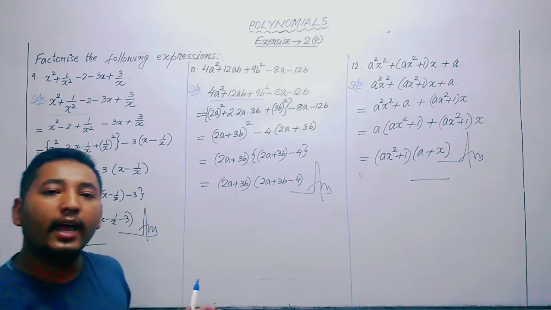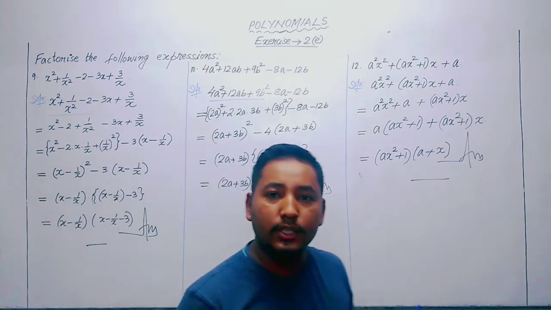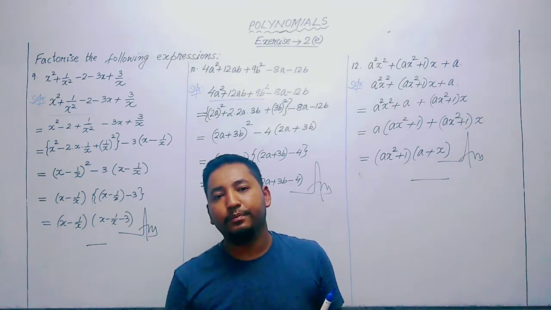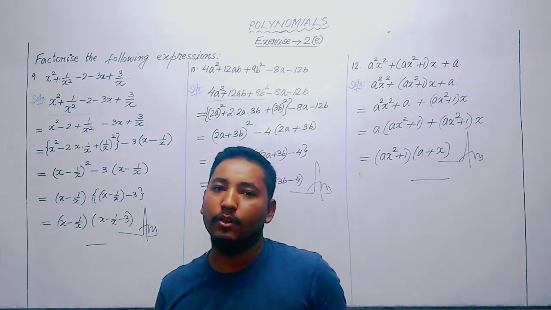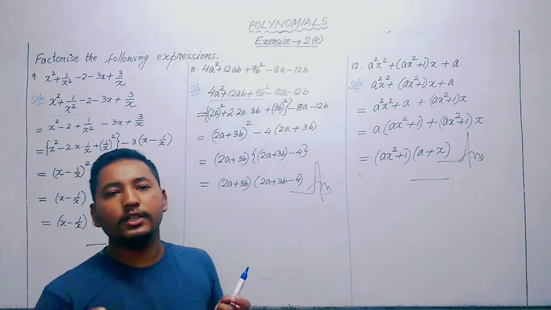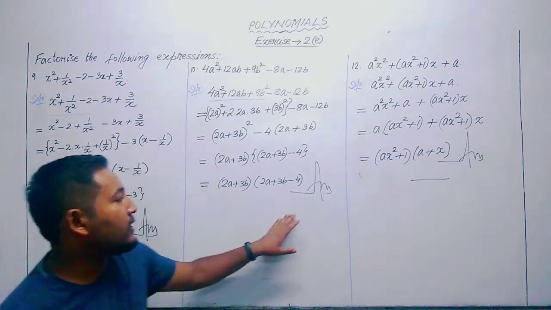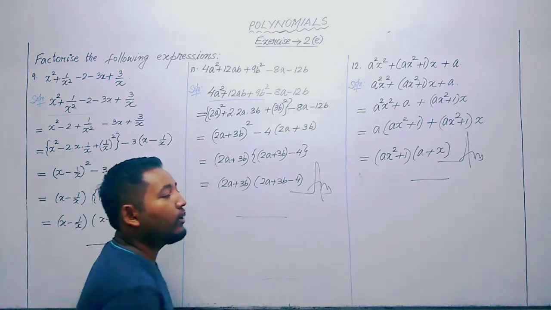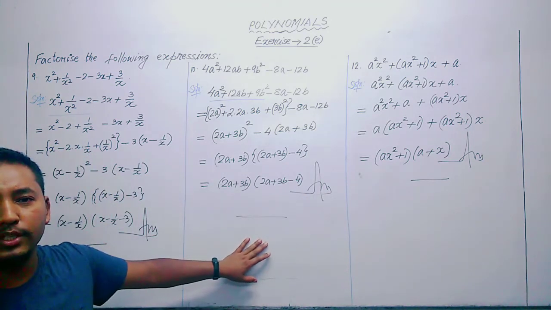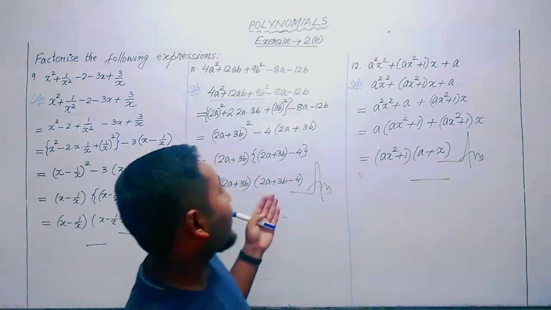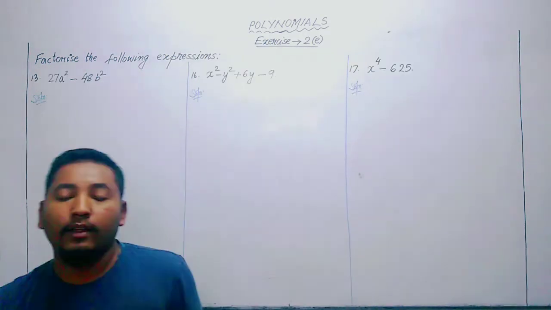So, you must have the concept of common terms, factors and multiples. Alright? So, these small things will be very helpful in solving such type of questions, in factorizing such types of questions. Let us do a few questions more, then the exercise will be over.